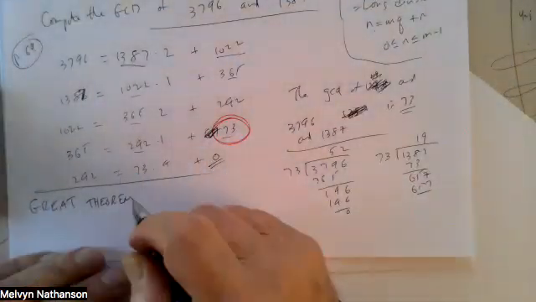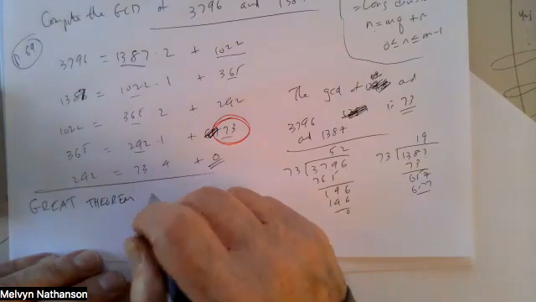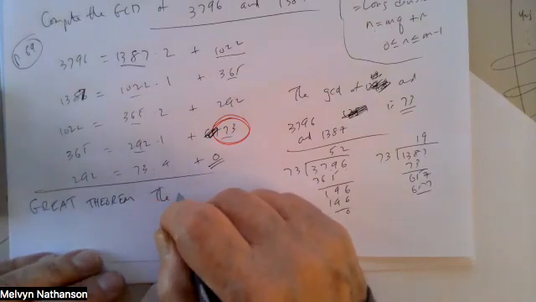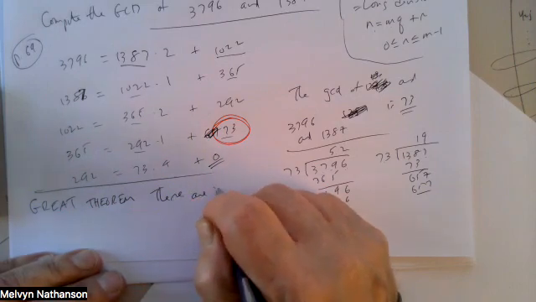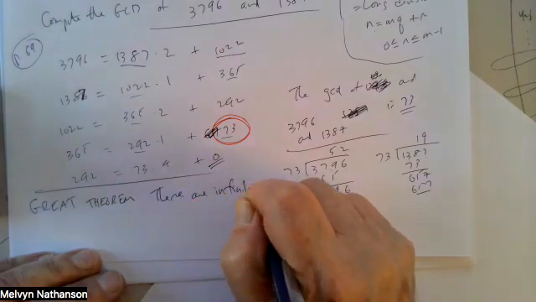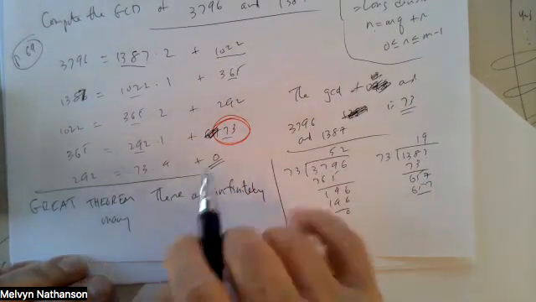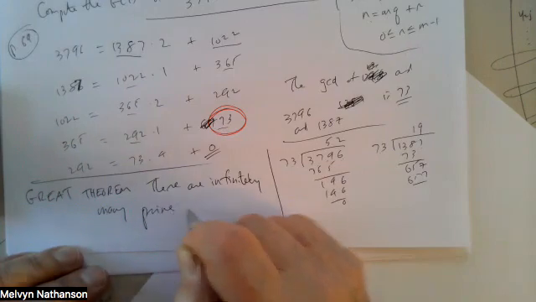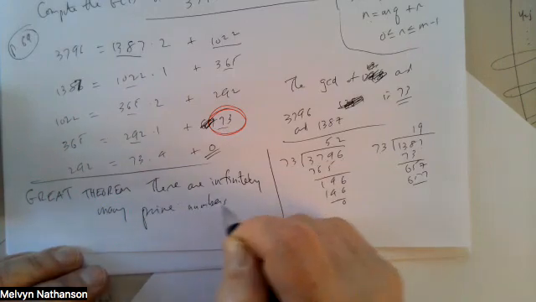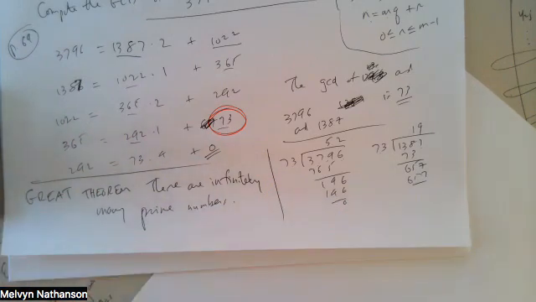And the great theorem in Euclid in this chapter is that the opposite is true. There are infinitely many prime numbers. So if you keep looking for primes, you'll never get to the end. No matter how far you go, there's always another prime even bigger than however far you went. Right? The number of primes is infinite.